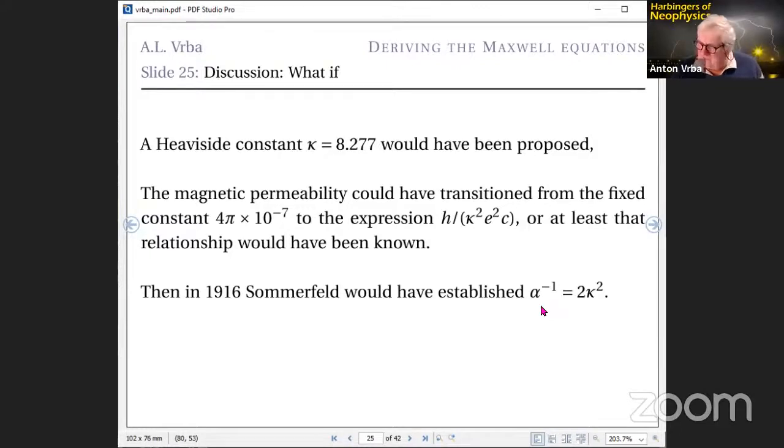And all the magic and discussions on whether the fine structure constant is fixed would never have happened if we had this Heaviside constant.